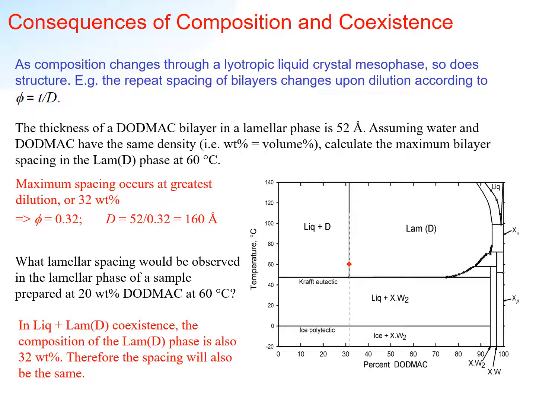At 20 weight percent, liquid and lamellar phase are coexisting, and the composition of the lamellar phase is given by the same composition as the maximum possible swelling of the lamellar phase, the location of this phase boundary. So the composition of the lamellar phase is also 32 weight percent. The spacing will also be 160 angstroms.